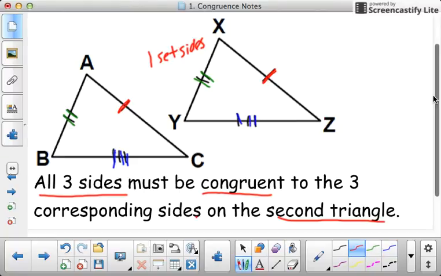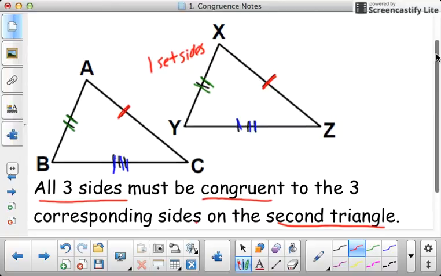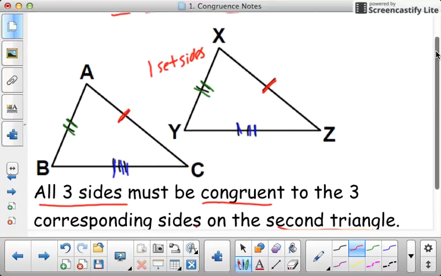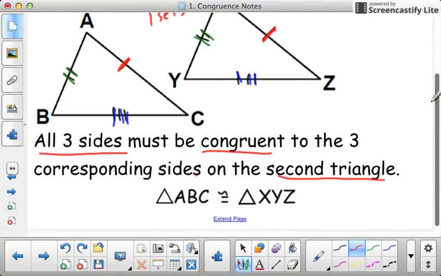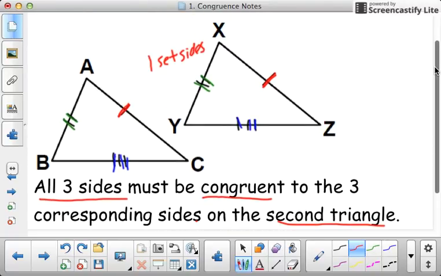So when I do this, I can actually make a statement about these triangles being congruent given this information. I don't need to see that this is congruent to this is congruent to this. I don't need all that information when I have side, side, side. So therefore, I could say triangle ABC is congruent to triangle XYZ with just this amount of information.